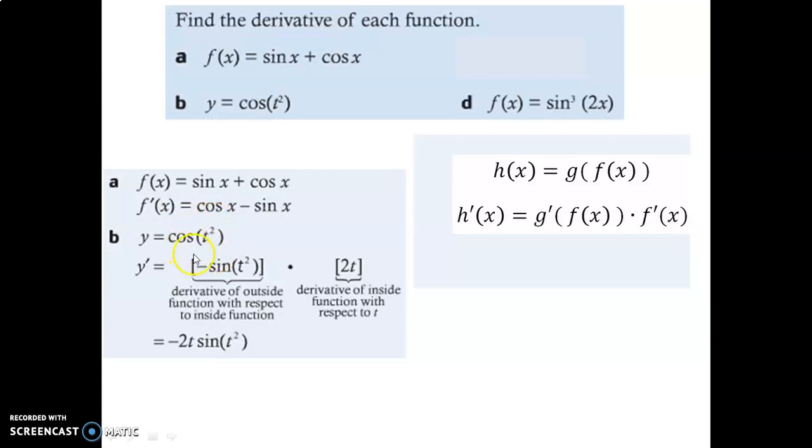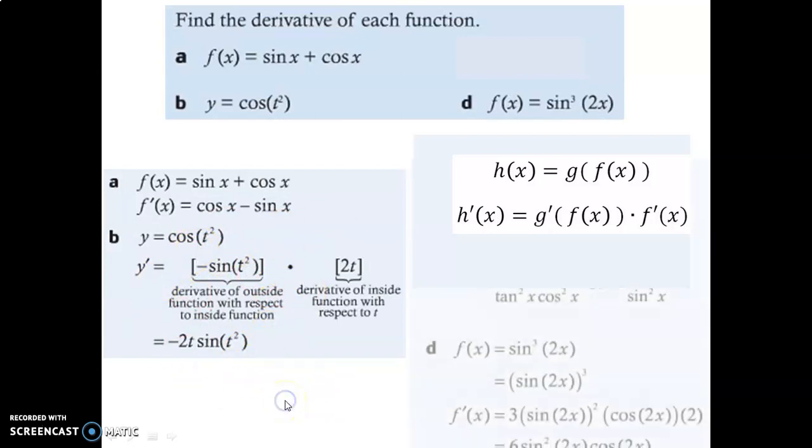And the derivative of cosine is negative sine. And we leave the inner function unchanged. And then we multiply by the derivative of the inner function. That's the chain rule. And the derivative of t squared is 2t. And that simplifies to this. See that negative there, 2t, there we have it. Okay, take a close look at it. Pause if you need to. It's simple, but it's also important that you understand that.